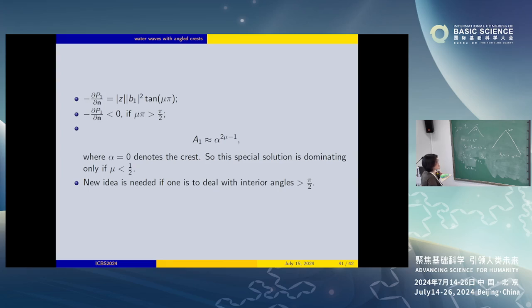So that's another reason that you don't deal with angles greater than pi over 2. Definitely it doesn't mean that the water wave equation doesn't allow interior angle bigger than pi over 2. It just means that it requires new ideas.